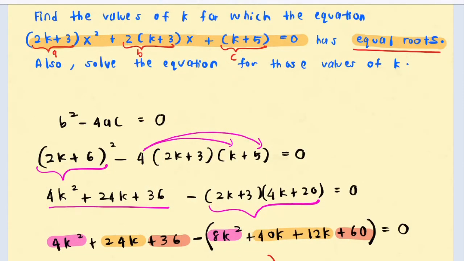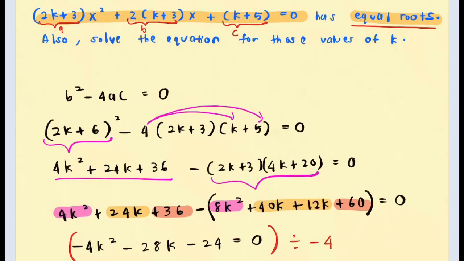Alright, regarding the information on discriminant just now, this question asks us to find the values of k for which the equation here has equal roots. So what does this tell us? If we want equal roots, therefore b squared minus 4ac must be equal to 0.